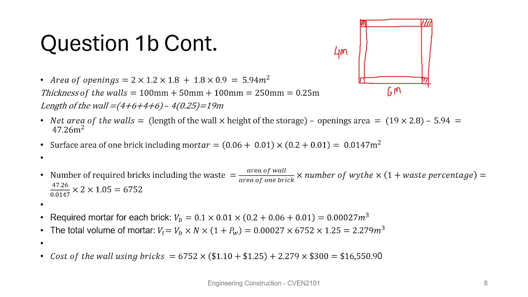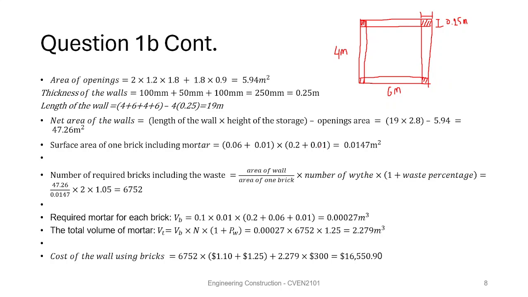If we don't reduce it, then we count these corner pieces twice. So we have to subtract 4 times that 0.25, because we know the thickness of one wall is 0.25 meters, and the same goes over here.